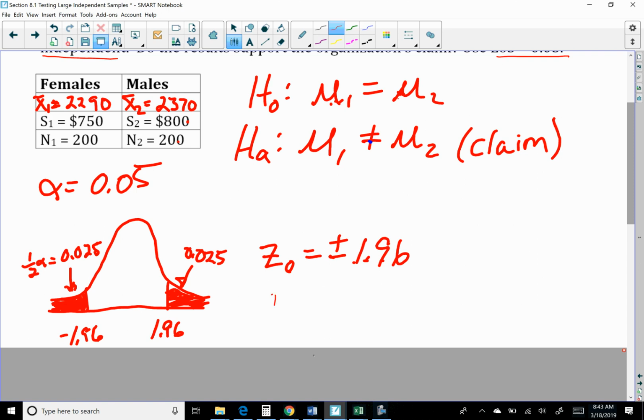Now remember, you can use inverse norm, and you would use an area of 0.025, and then, I forget with inverse norm, it's area and then what? Lower boundary and upper boundary? No?